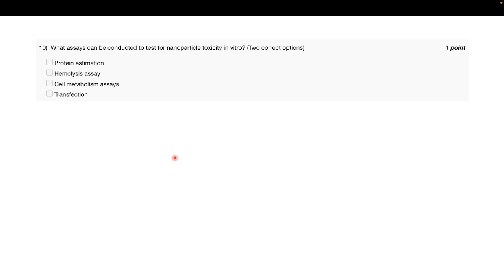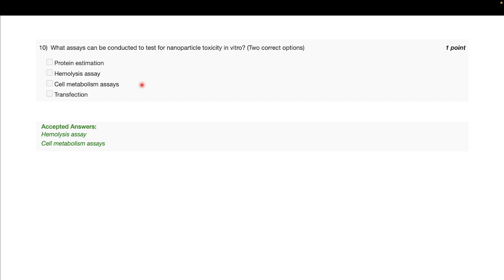Okay, let's look at the answers. The correct answer is 2 and 3. I guess one of you answered correctly. Hemolysis assays are done because nanoparticles, being of a very small size and very interactive with the proteins present in the blood, can cause lysis of your RBCs.